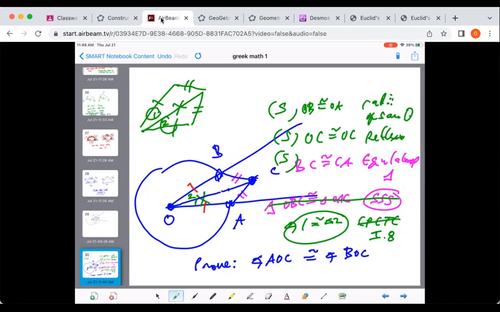Now, to me, this is kind of fun. See, Euclid's Elements is a book of constructions, and he teaches you a theorem because he's going to need it to prove the next construction worked.